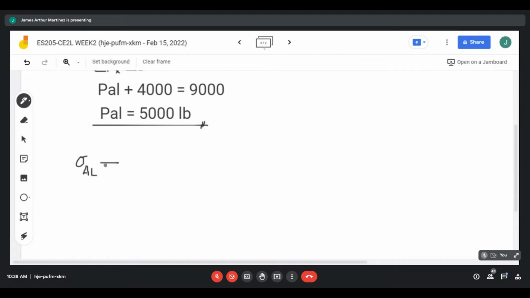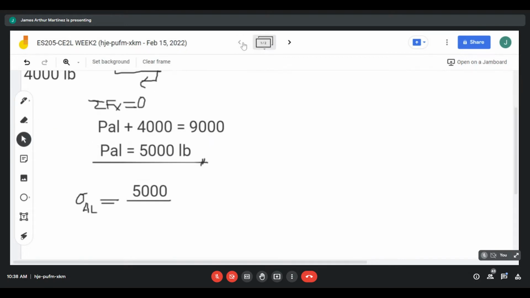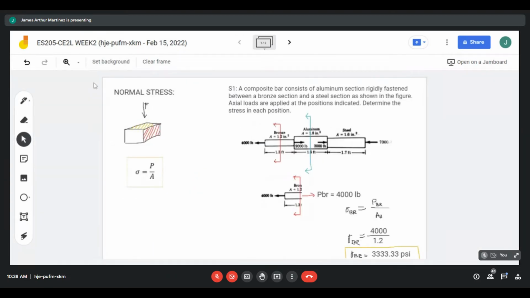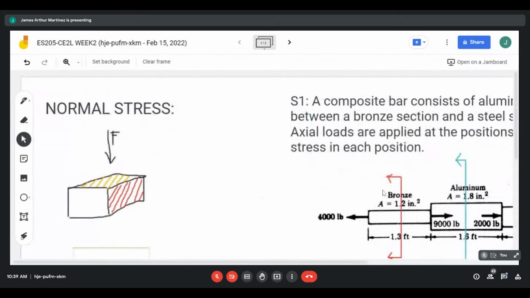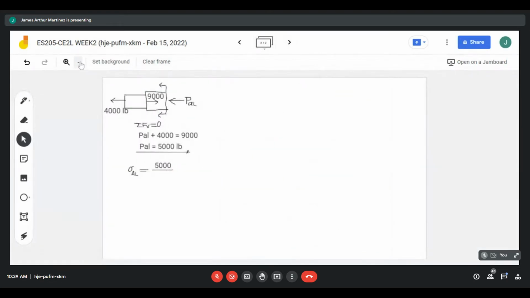So we can now compute the stress at aluminum. The stress at aluminum is equal to PAL, which is 5,000, divided by the cross-sectional area of aluminum, which is 1.8 inches squared.